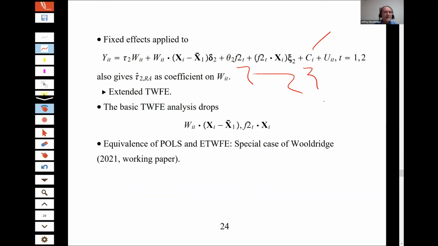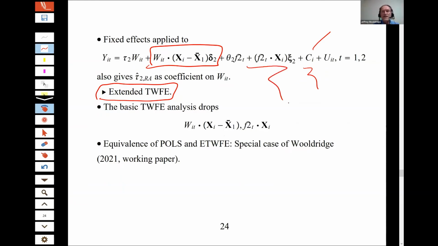I like to call this extended two-way fixed effects, because it's really the model that is being extended. The estimator works exactly the same, but I'm allowing for the treatment effects to change with x, and I'm allowing for the effect of the x's to change across time as well. In my view, this is as flexible as one can be in this two-period setting.